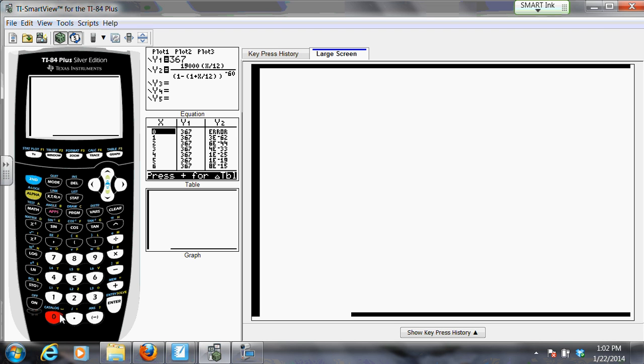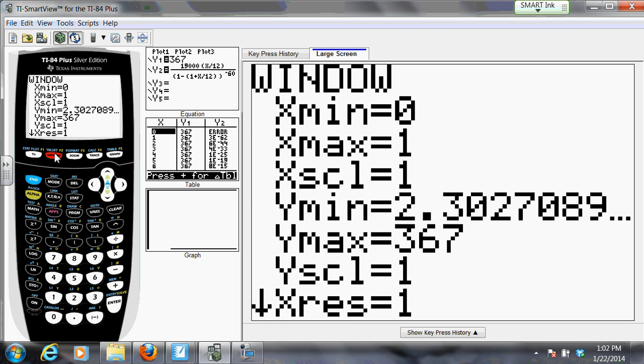Well, that's not a very nice looking graph. Where's my window at?